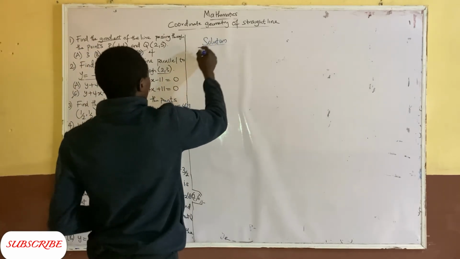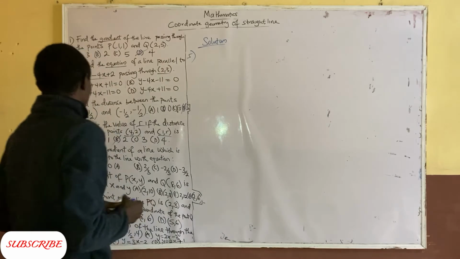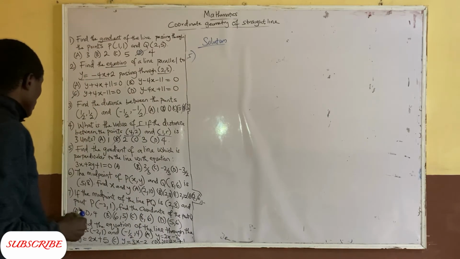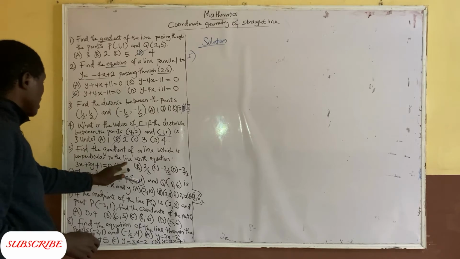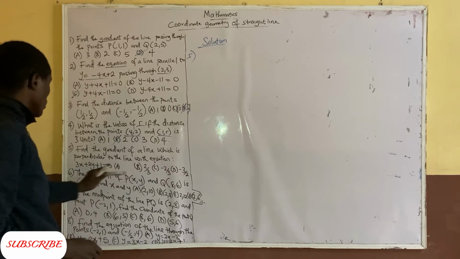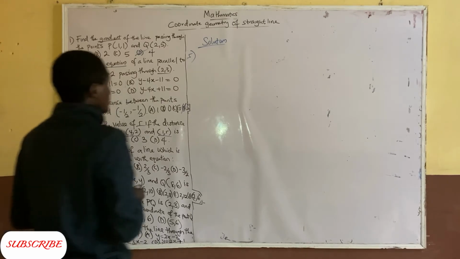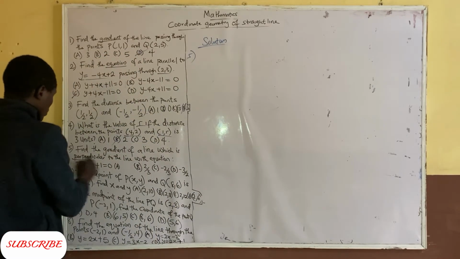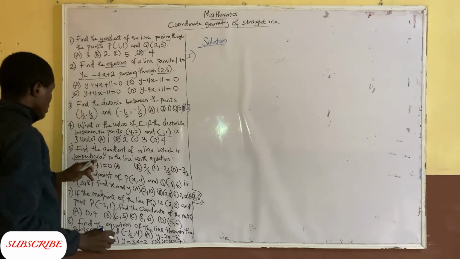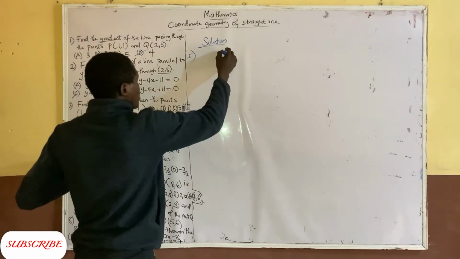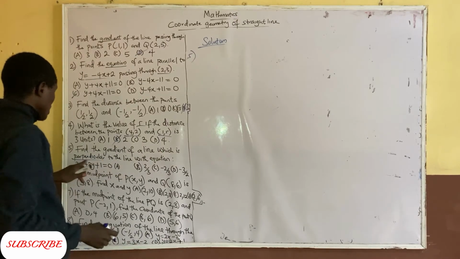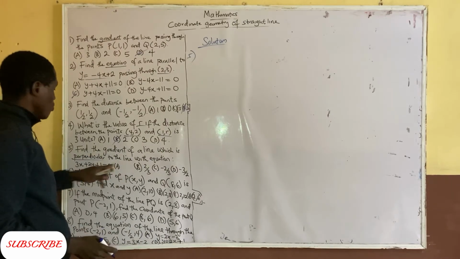Here is question number 5. It says: find the gradient of a line which is perpendicular to the line with equation 3x.